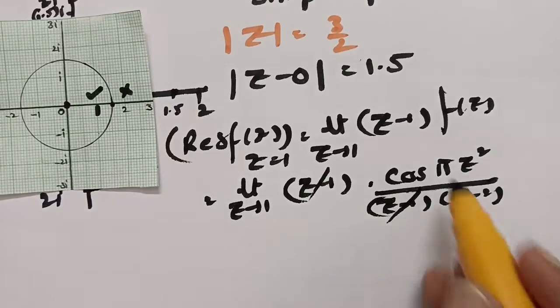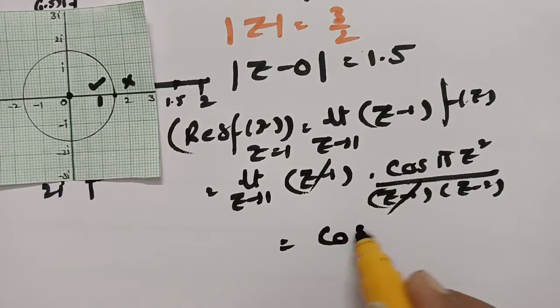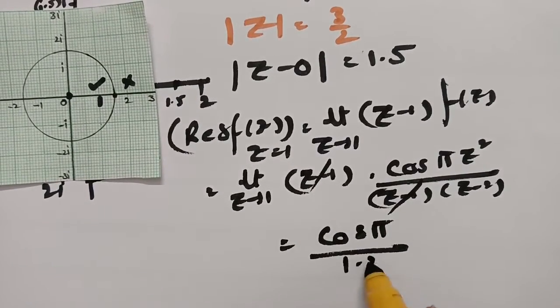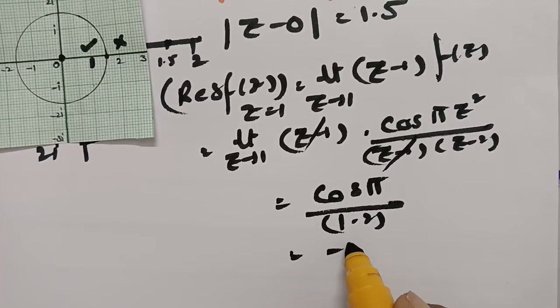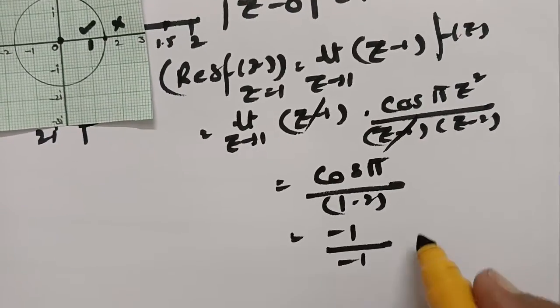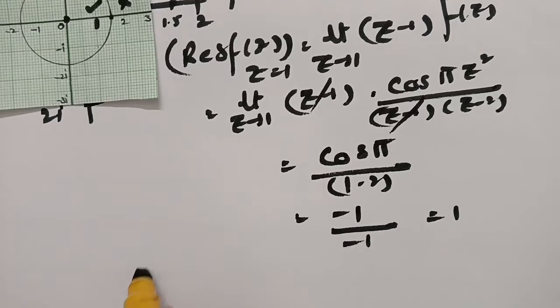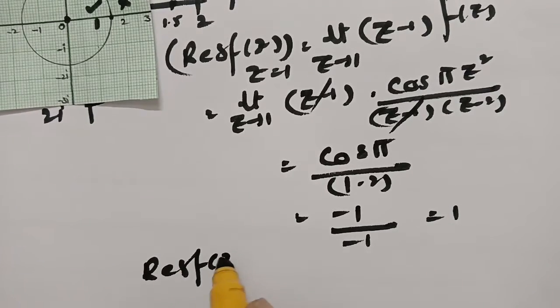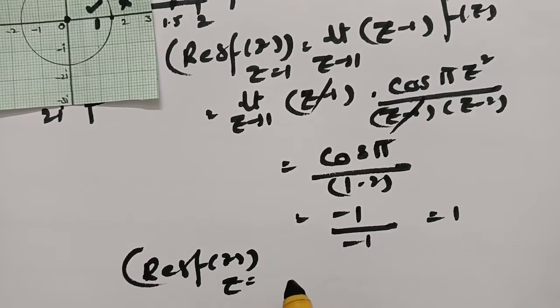If I cancel this and substitute 1, this will be cos π / (1−2). The value of cos π is −1 and this is again −1, so the value here is plus 1. So we got the residue of f(z) at z = 1 is 1.